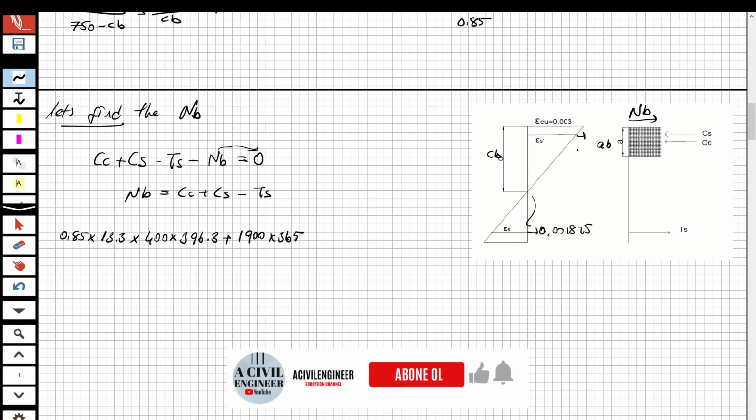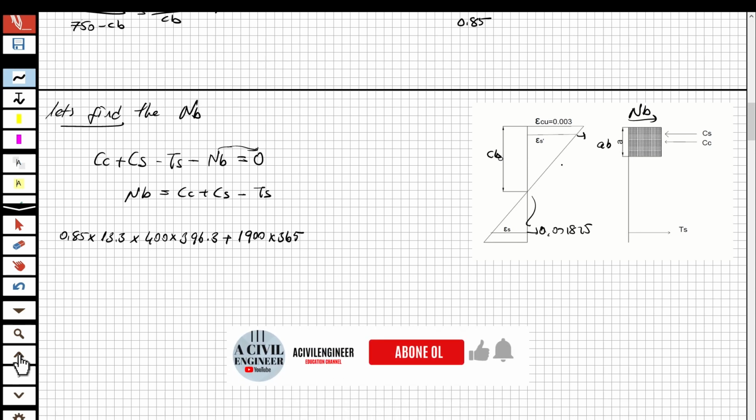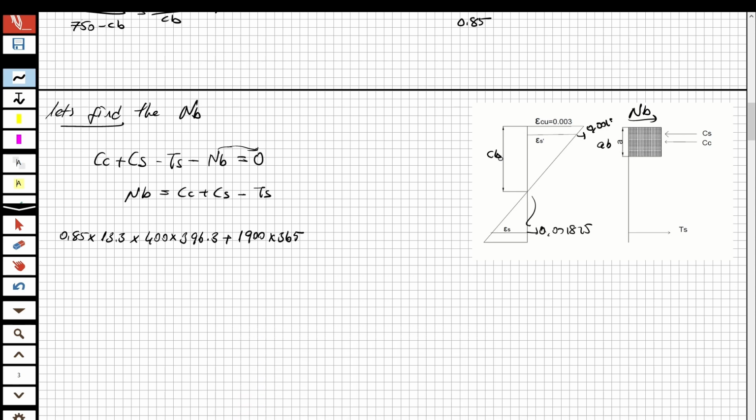Because I assume that both of them are yielded at 0.001825. Okay, they are just on their yield points. They didn't exceed it. And plus, so it's going to be minus. Sorry, I just got confused. 1900 multiplied by 365 equal to NB, right? The axial force, it's NB.